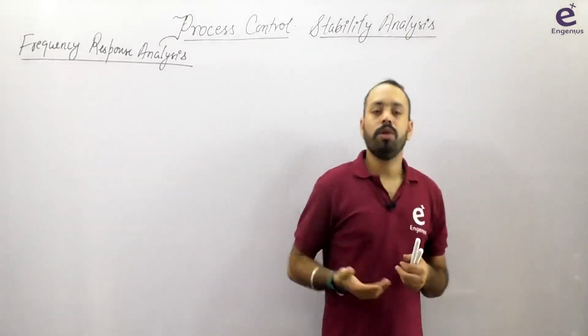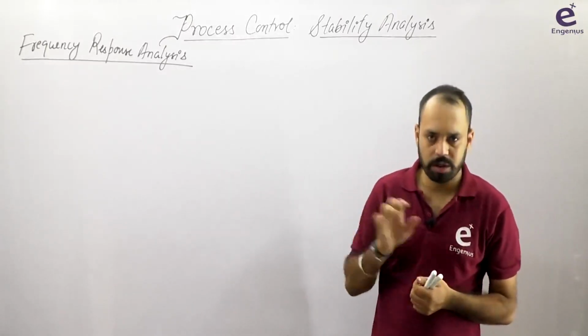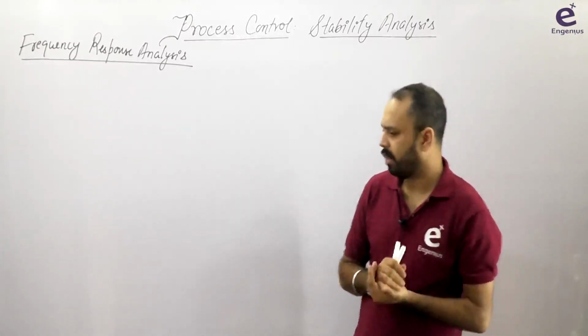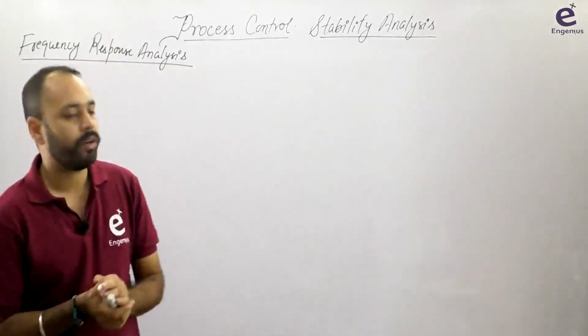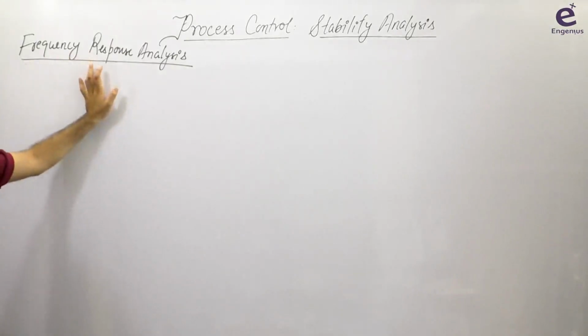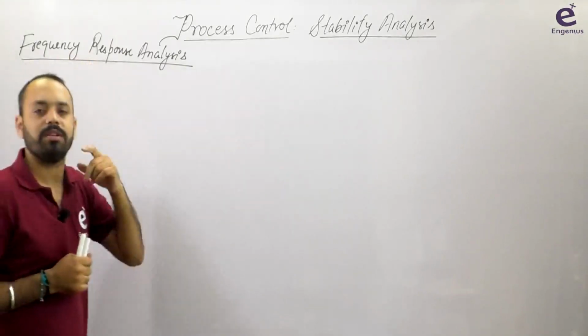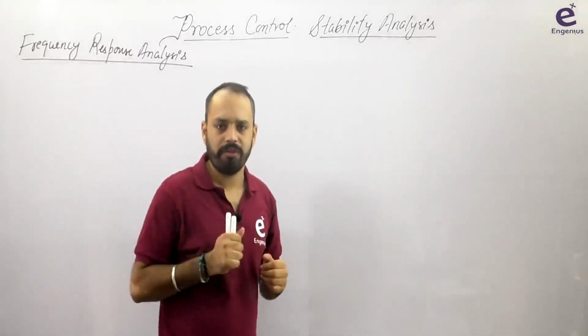Now how is it going to remove that disadvantage, the limitation which is associated with the Routh stability criteria? Let us see how it will remove it. First of all, we must know what is the meaning of frequency response. The frequency term is generally associated with sinusoidal curves, with waves.